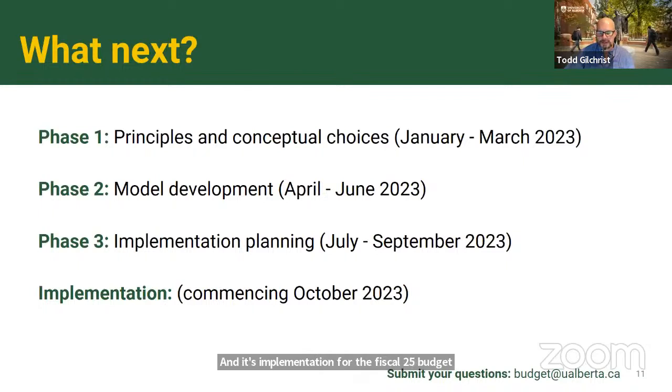And again, as I mentioned earlier, that cycle kicks off in October of this year. During this period, we'll explore how best to move to the new model and any transitional supports that might be needed to provide more time for faculties or units to adjust to their activity-based budgets and the spending to adjust to that new model.